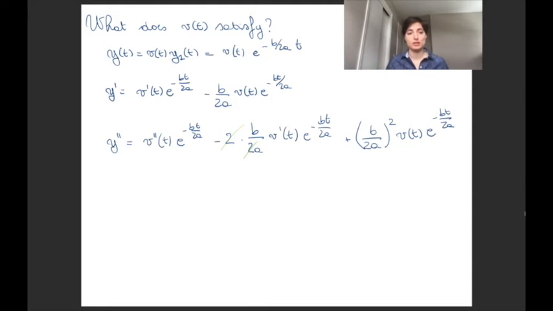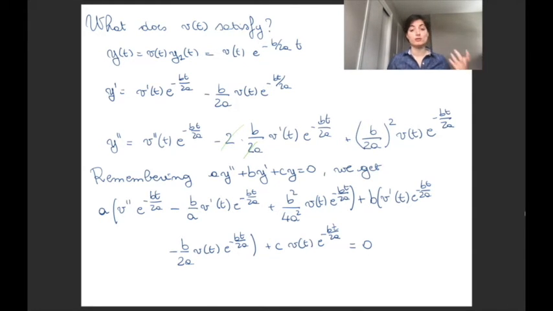And this is what is written here. We have y second is equal to v second exponential of minus bt divided by 2a minus, the 2 simplifies away, b divided by a, v prime exponential of minus bt divided by 2a plus b over 2a squared, v times exponential of minus bt over 2a.